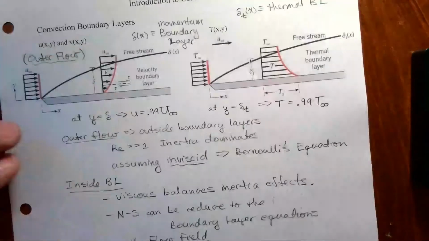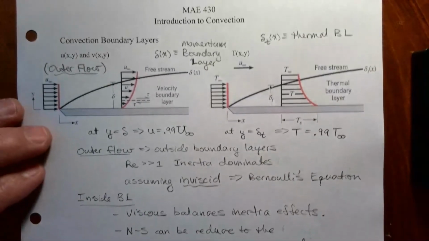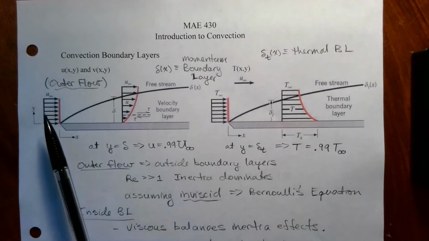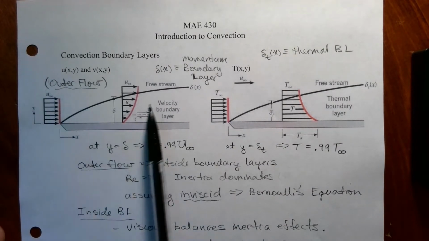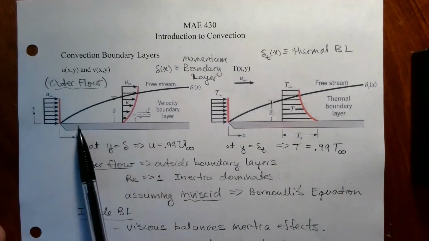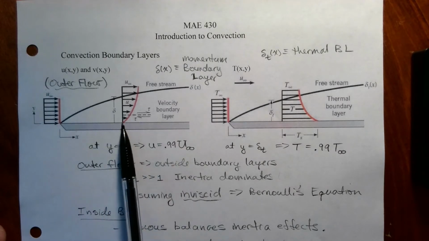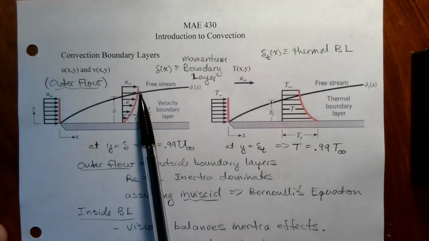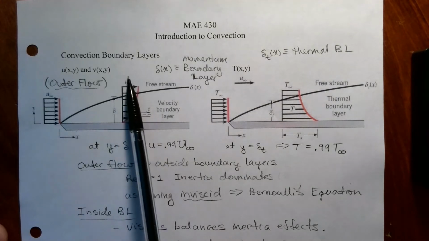Let's consider the boundary layers that are important here. If you remember from your fluid mechanics course, as a flow passes a solid boundary, there's the no-slip boundary condition. So the fluid right next to the surface is not moving relative to the surface. Right at the edge of the boundary layer, the flow is 99% of the free stream velocity.